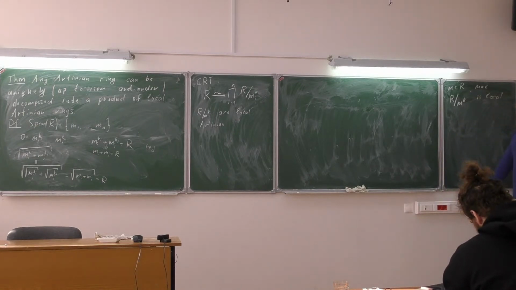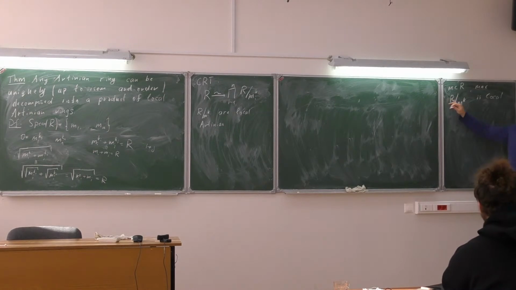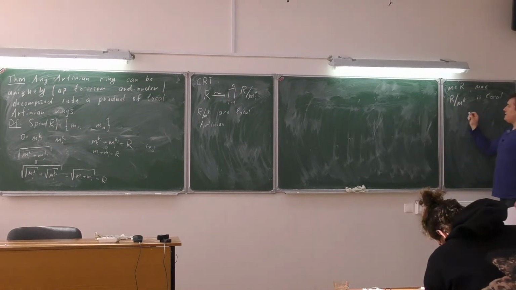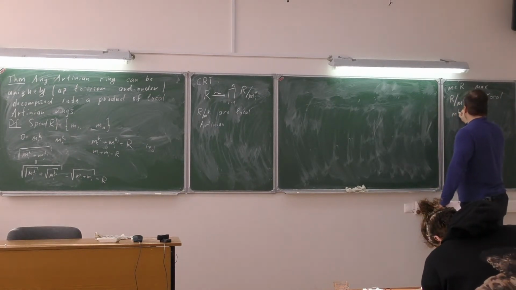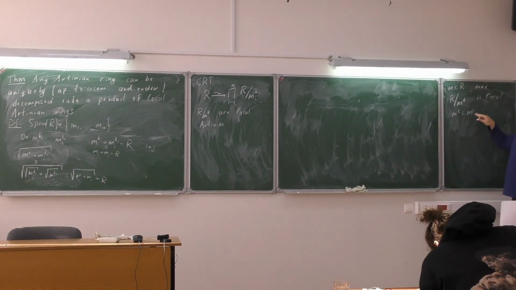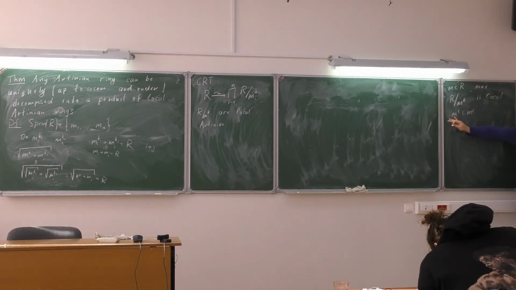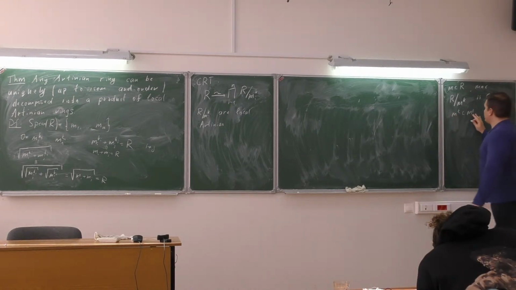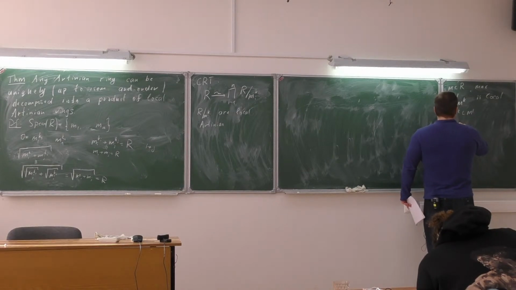Oh, you also need probably the correspondence theorem. So what are maximal ideals in this quotient? These are exactly maximal ideals containing, maybe prime. So maximal ideals here correspond to maximal ideals in the ring, and primes containing M to the k, by the correspondence theorem. So you have this inclusion. Let's look at the radicals.